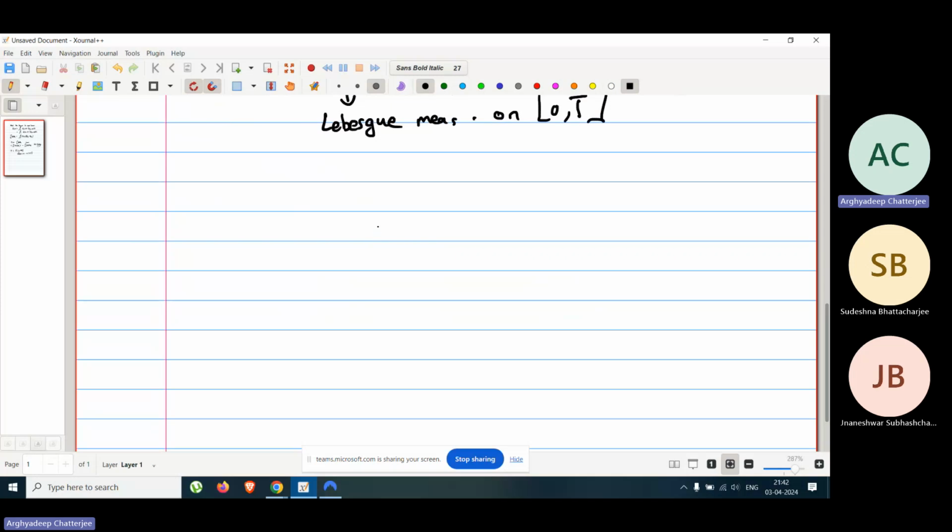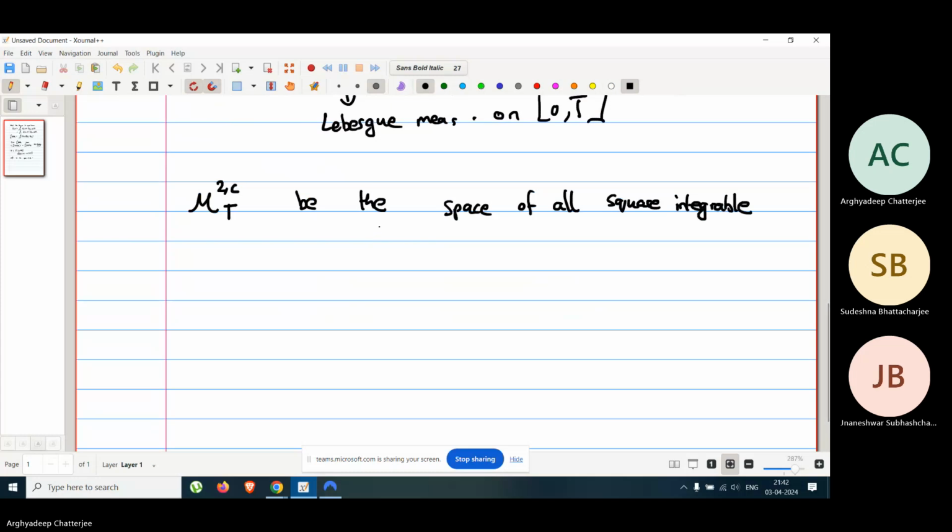What we'll do is endow the space of all, so let M2_c(T) be the space of all square integrable continuous martingales, and we will endow this space with a norm.